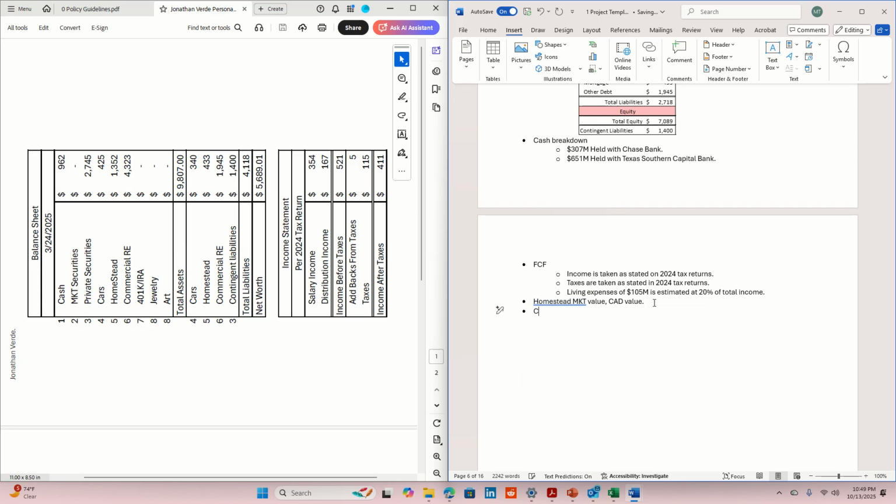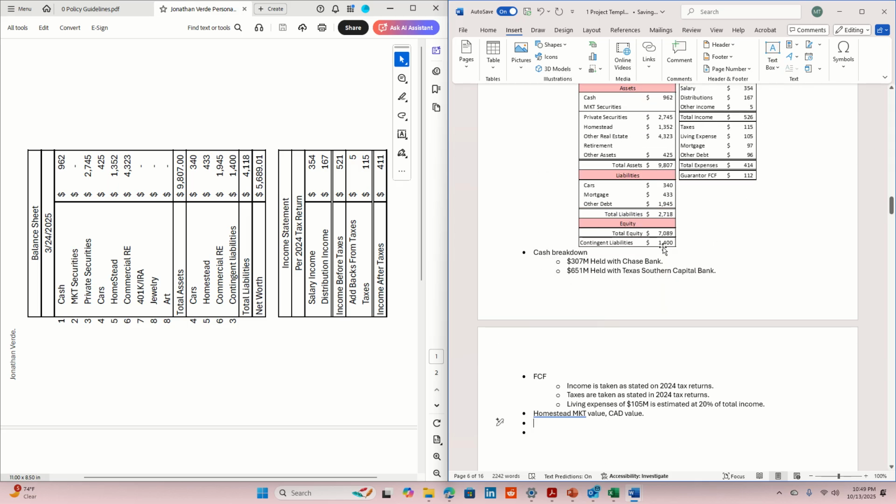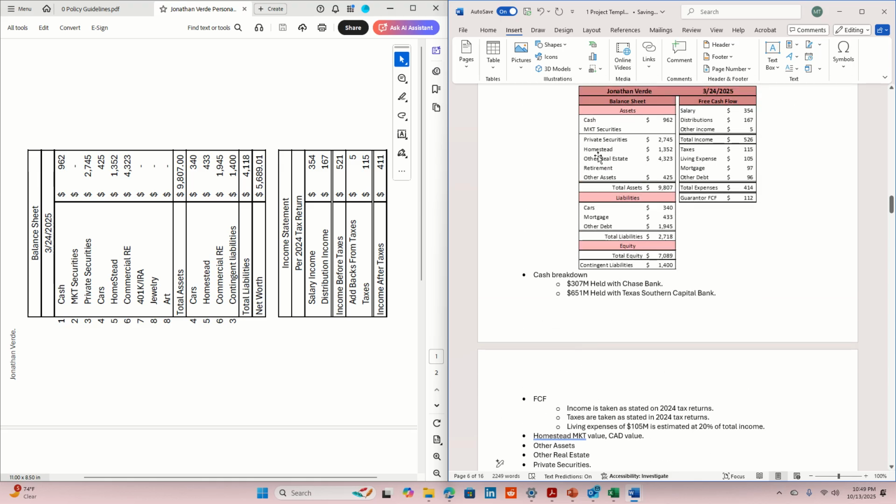I'm going to break down other assets, other real estate, private securities, and that's all that they have, right? So I'm going to go ahead and finish this section, and then I'm going to unpause it, and then you'll understand where I got all that information.